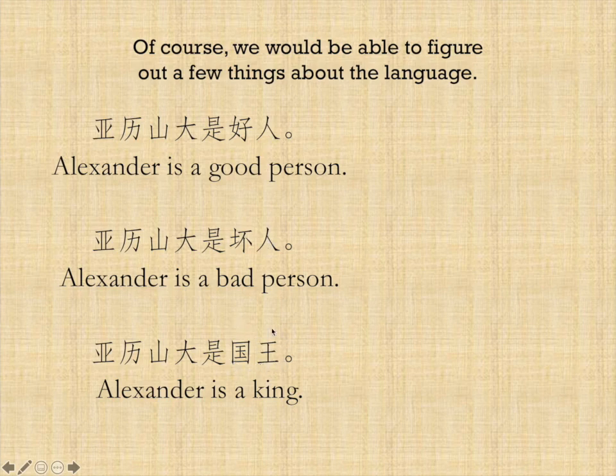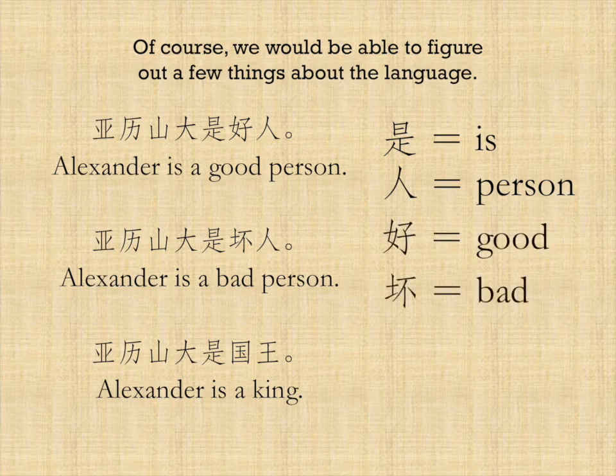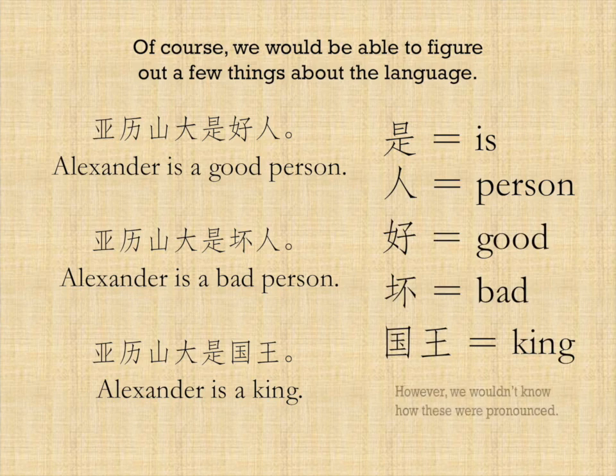But we have no idea how they work together to express the idea king. So we know once again that this is, person, good, bad, king. However, we wouldn't know how they were pronounced. So this is how far Thomas Young and his mathematical approach got him.